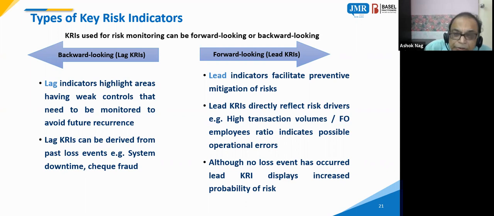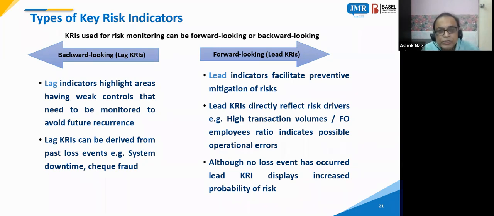In the earlier indicator, where loss has happened and NPA has occurred, we try to find out why this particular branch has a higher NPA in the first-year EMI, and then we can investigate. But in this second part, the lead KRI, high transaction volumes by the number of employees, it may happen in the future. That is why you call it a forward-looking indicator.